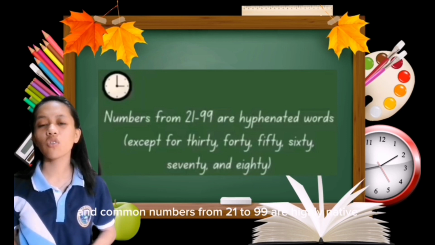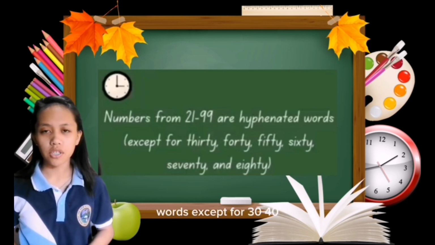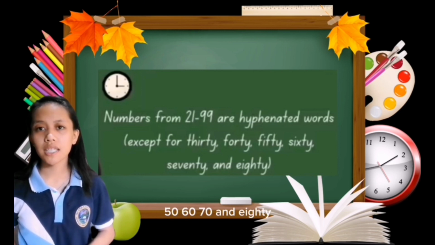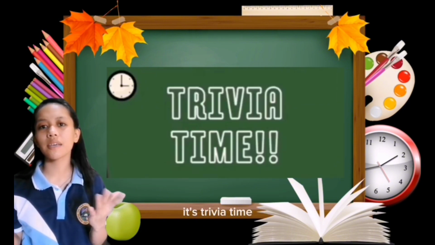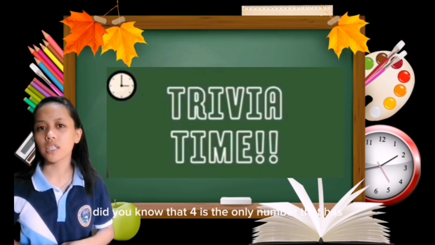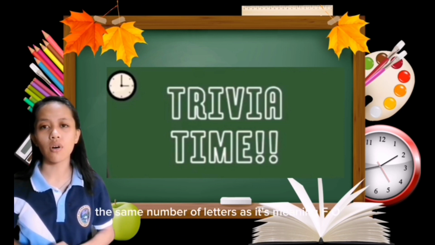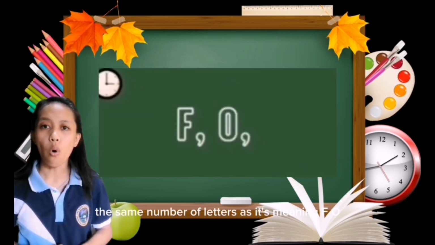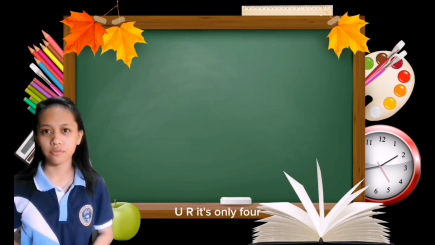Numbers from 21 to 99 are hyphenated words except for 30, 40, 50, 60, 70, and 80. It's trivia time! Did you know that 4 is the only number that has the same number of letters as its meaning? F, O, U, R. It's only 4.